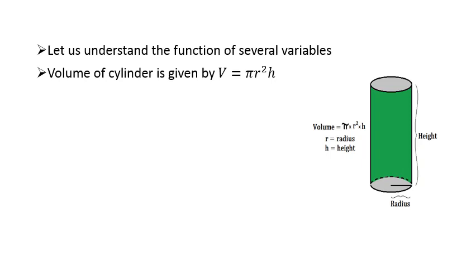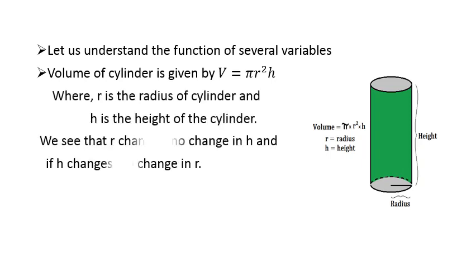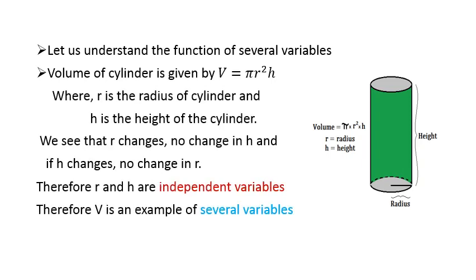Similarly, if we change the height, there is no change in radius. Therefore, r and h are independent variables. Such an equation which contains more than one independent variable is known as a function of several variables. Therefore, V is an example of a function of several variables.